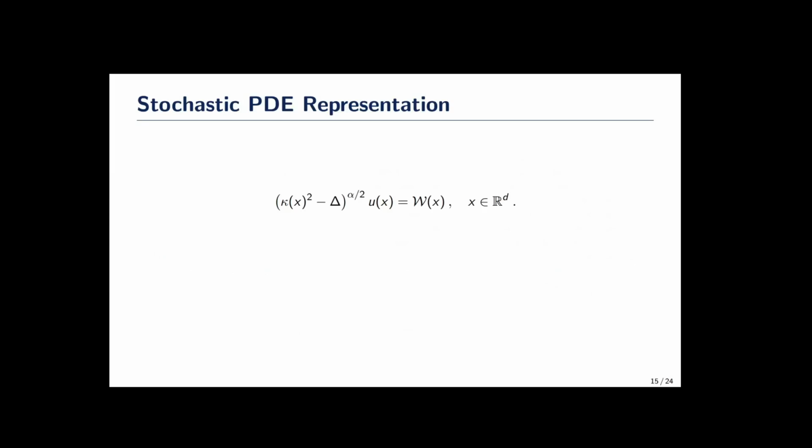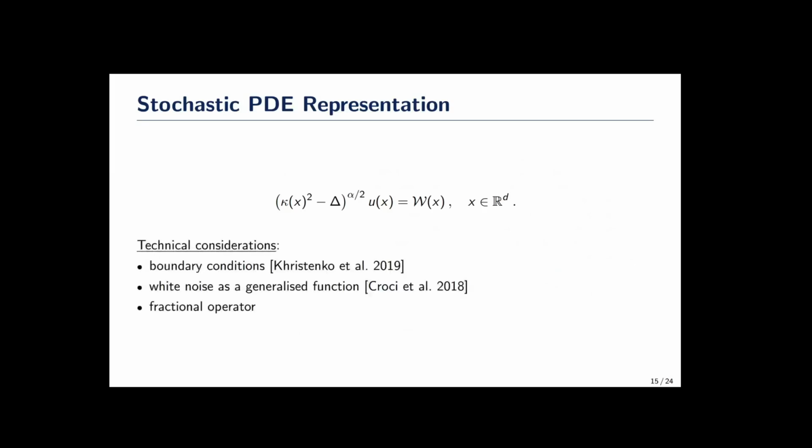A lot of these have been dealt with quite well in the literature already. So just to give you a quick overview, we usually have to introduce boundary conditions because we can't solve our PDE on the entire space of R^d. And by introducing these boundary conditions that we then have to guess, we forcibly introduce an error.